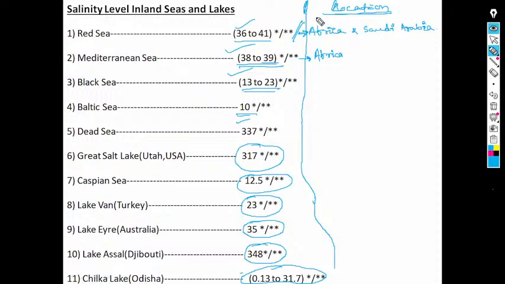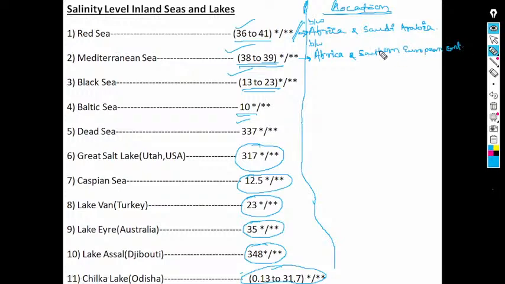This is in between particularly, Africa and southern European countries.